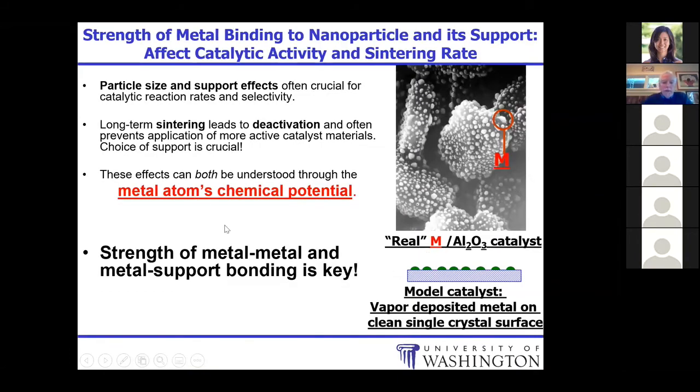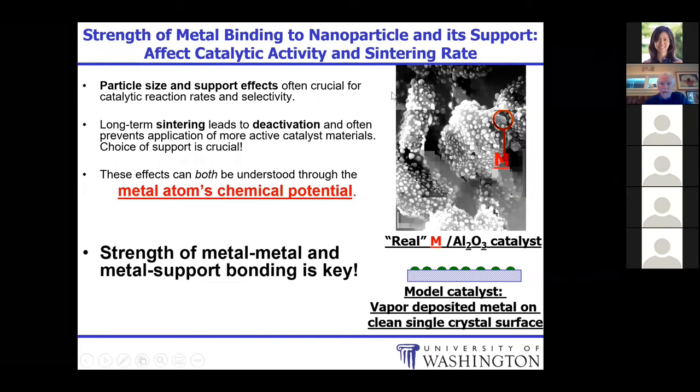Okay, I'm going to switch gears completely, but I want to talk a little bit about something where adhesion energy again is a really important concept and plays a major role. And that has to do with nanoparticle size and support effects in catalysis.